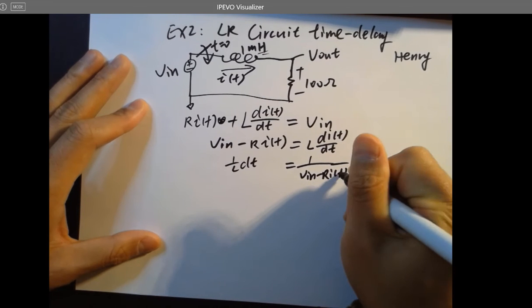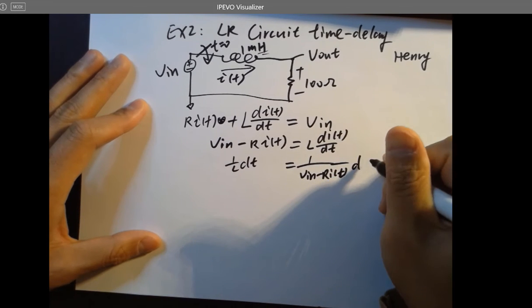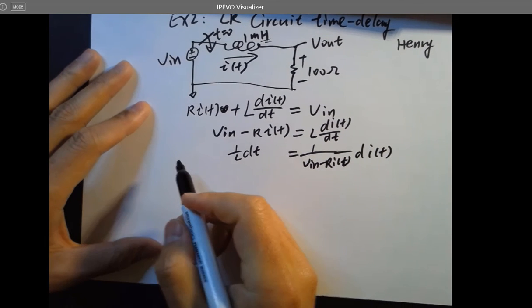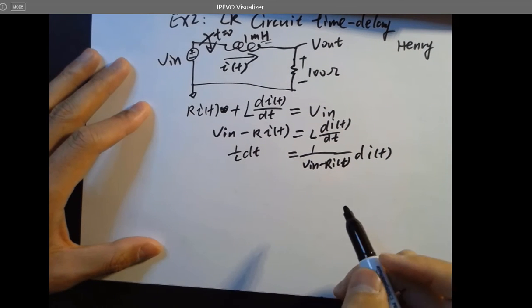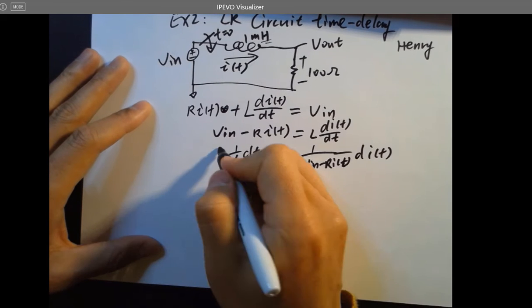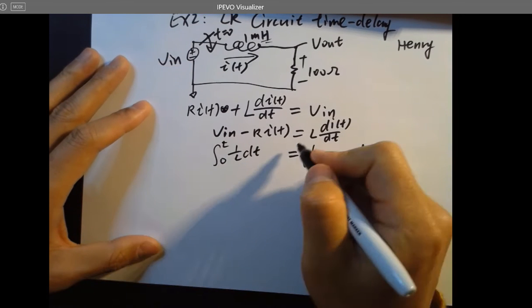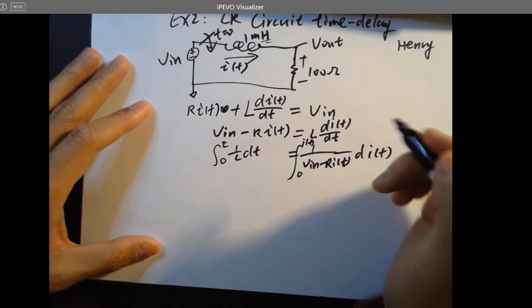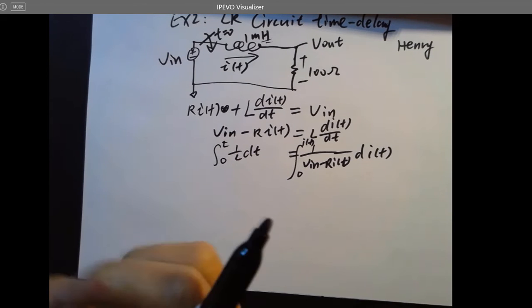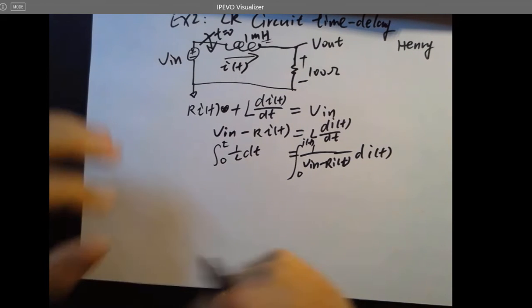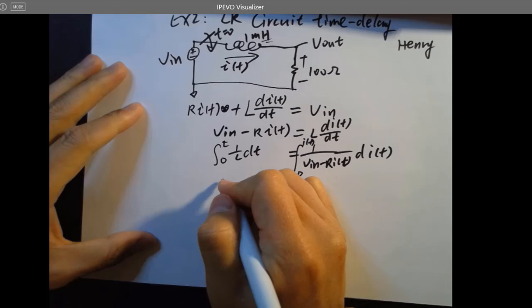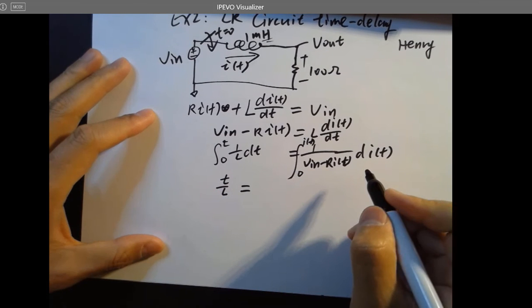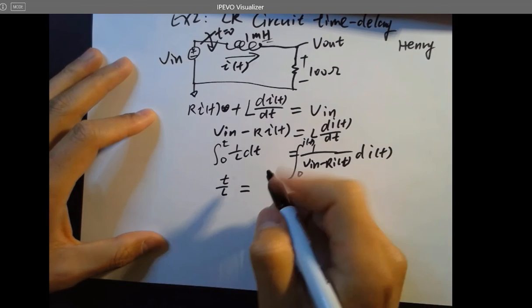So you can see that this format looks very similar to whatever we just did in the last example. Okay? And after this, we should integrate both sides. And here is from 0 to I(t), right? And then we are going to get t over L equals to, still we have to convert it into something.